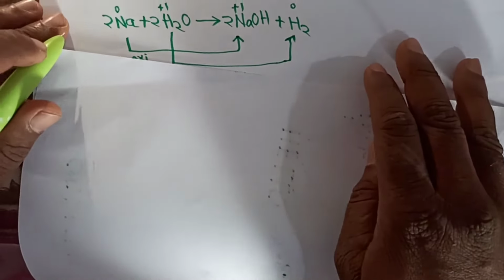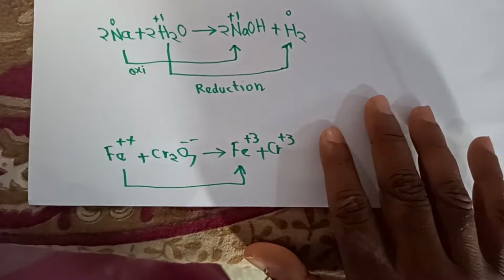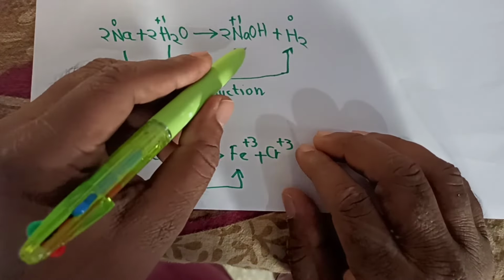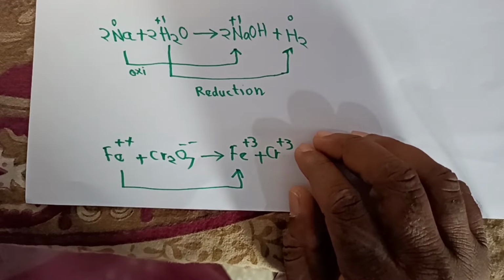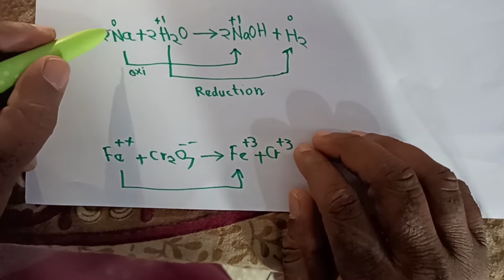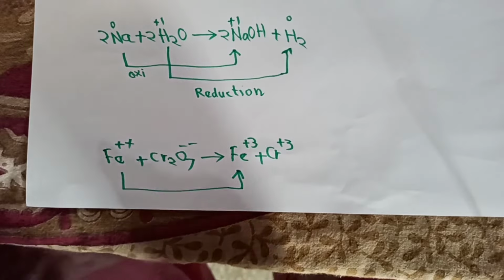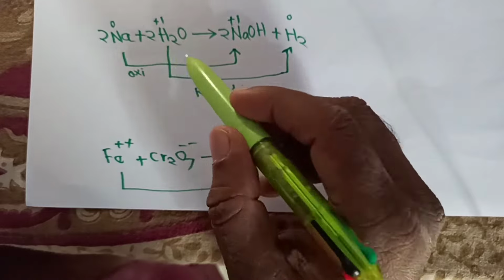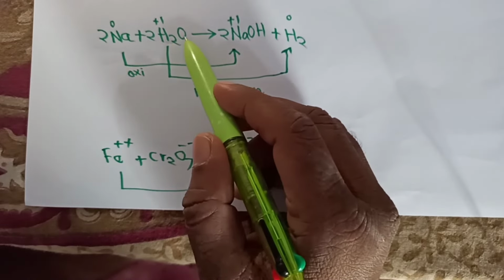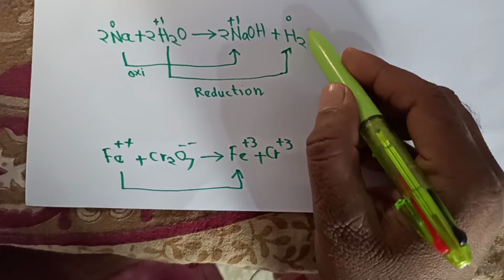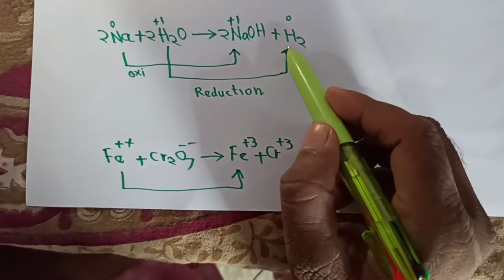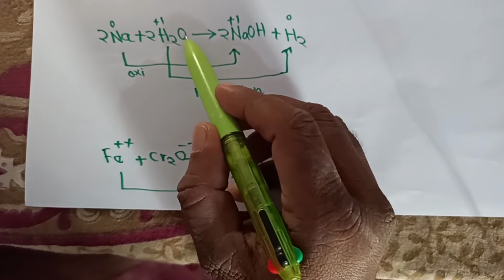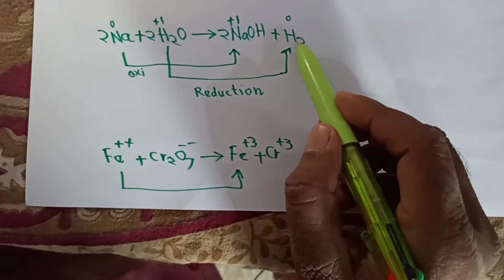The next example. Here 2Na plus 2H2O gives 2NaOH plus H2. Here you see 2H2O. Here is H2 and O, but here is no O. It means loss of oxygen.